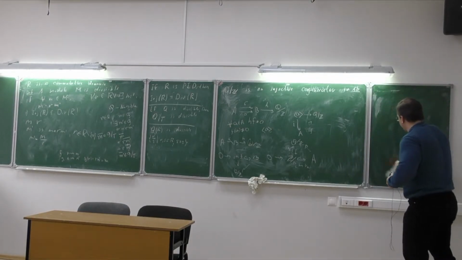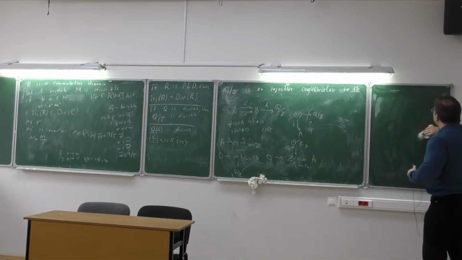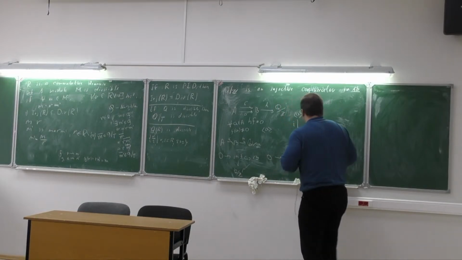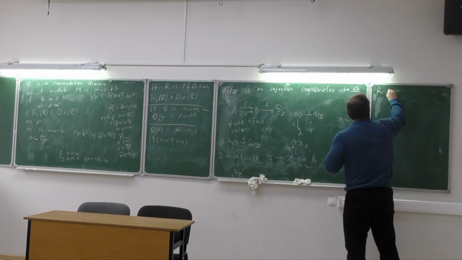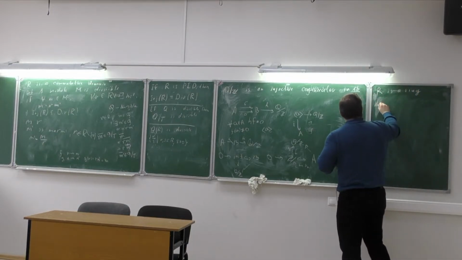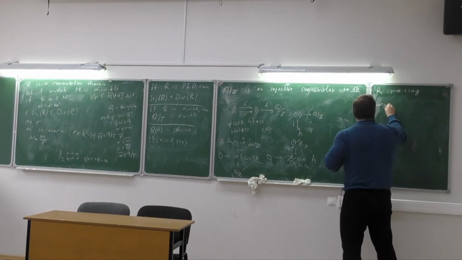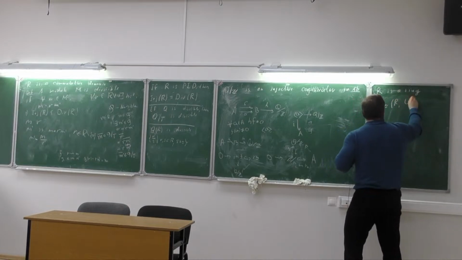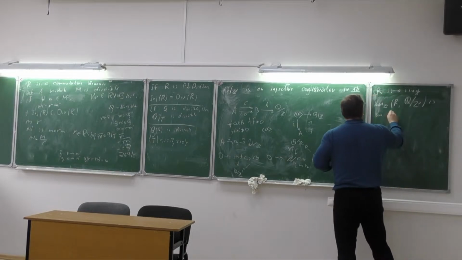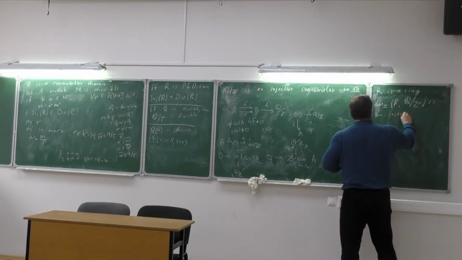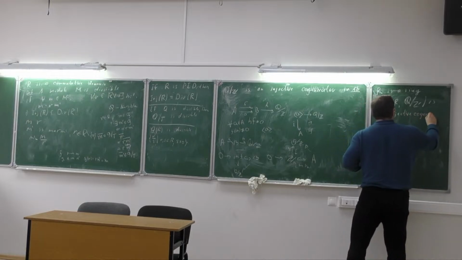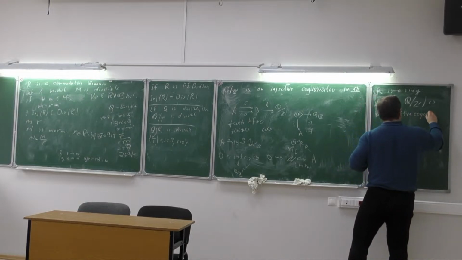And finally, an important statement for which we, for example, can say that any module is a submodule of an injective module is the following. Now R is a ring. You need to show that the Hom over integers from R to Q modulo Z is an injective cogenerator.